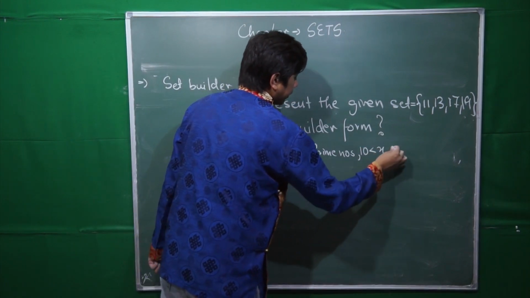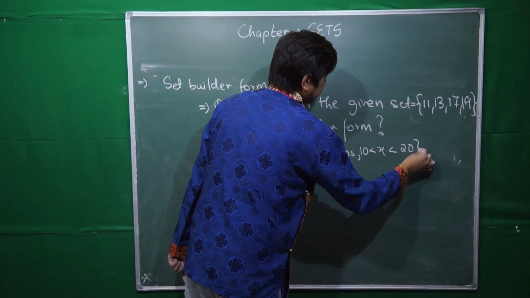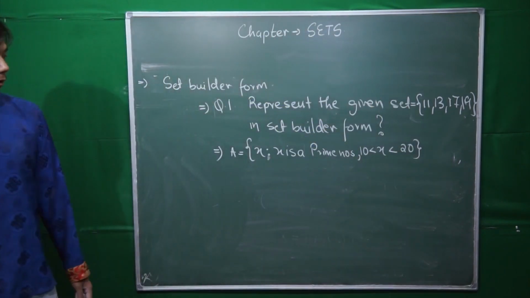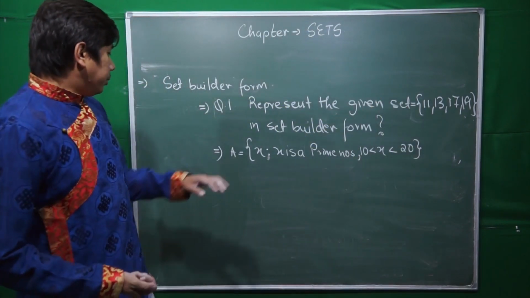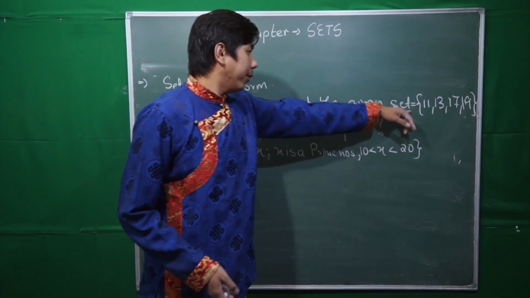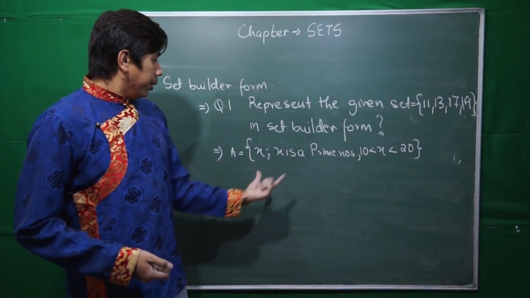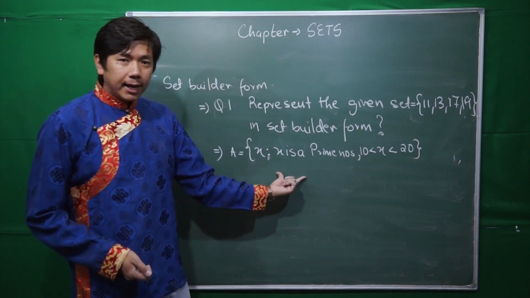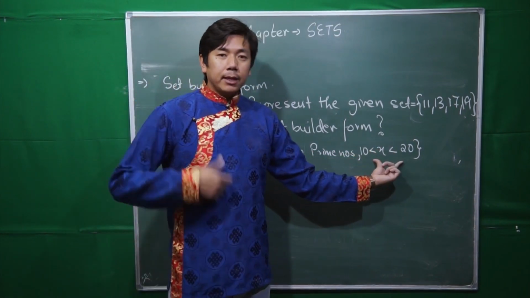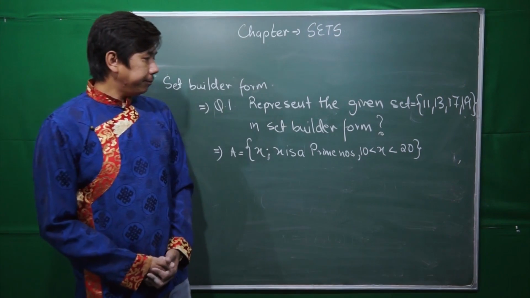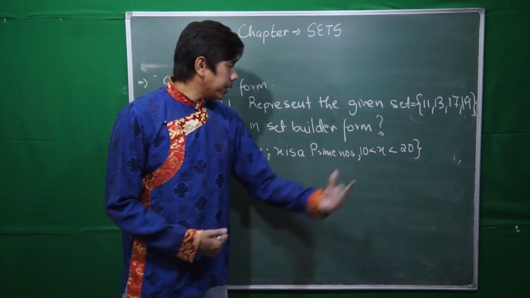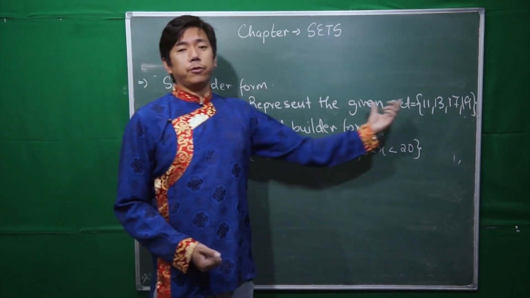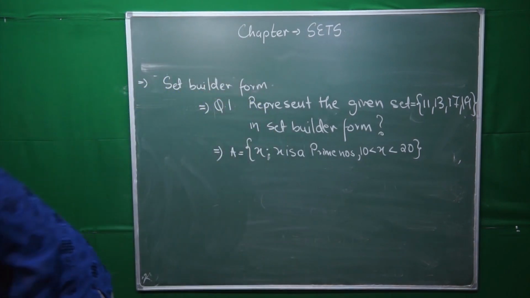Greater than 10, less than 20. So this set in the roster form is converted into set builder form with a guiding character and underlying limitations. Simple. Using these two conditions, we can easily convert any roster form into set builder form.